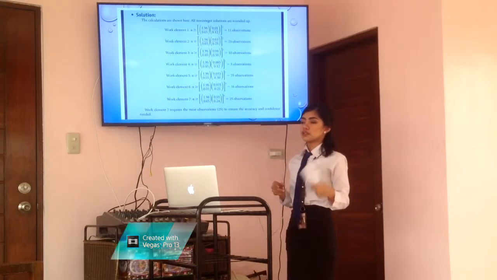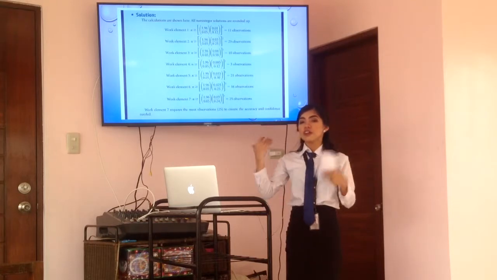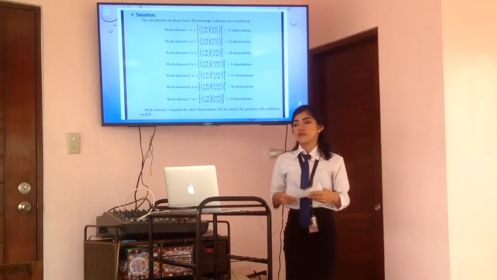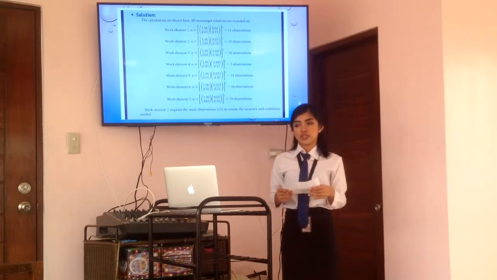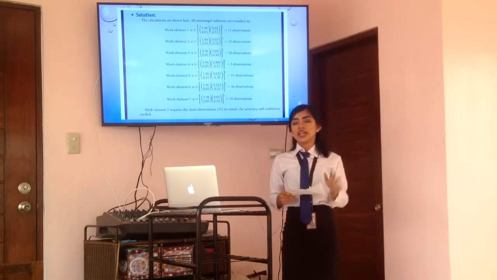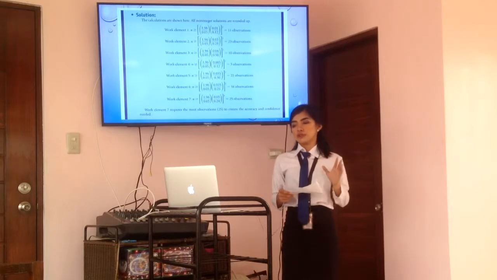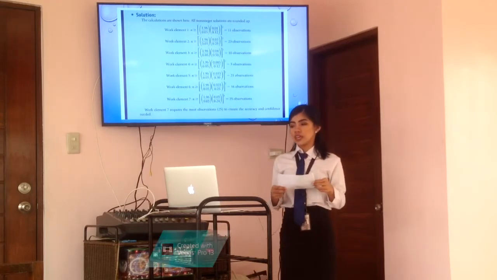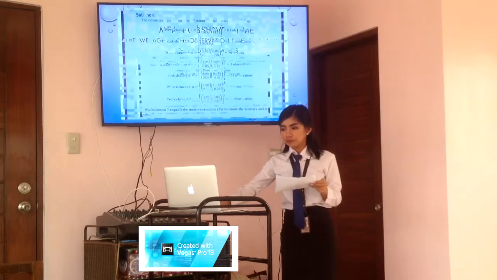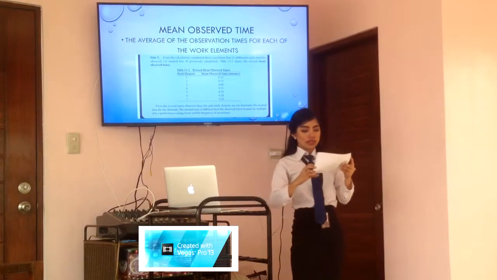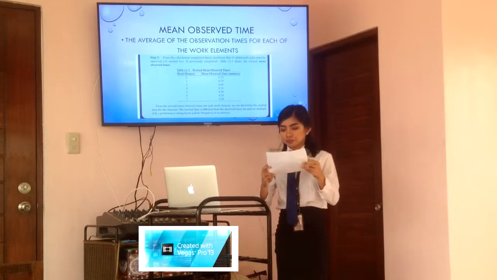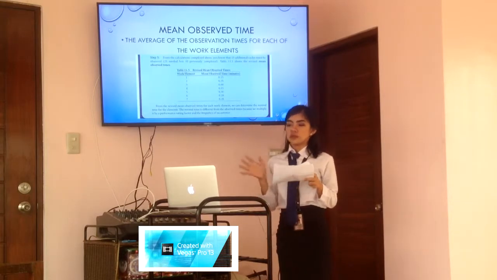Work element number 6, we have 16 observations. And for the last one, work element 7, we have 25 observations. Work element number 7 has the most observations, which is 25. To ensure the accuracy and confidence needed, we must go on to the mean observed time.